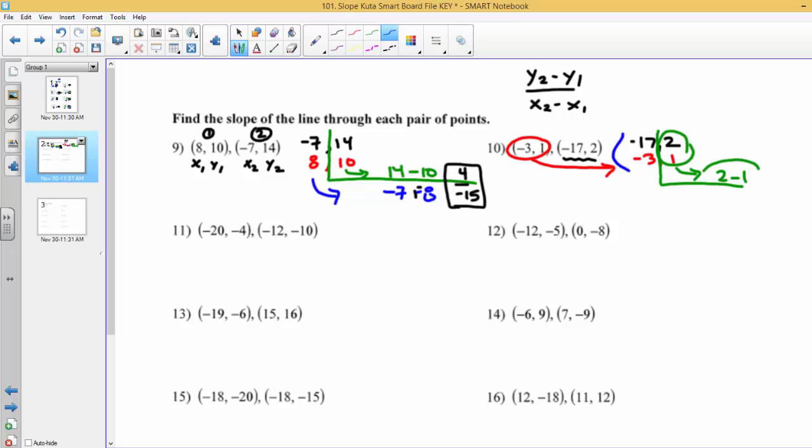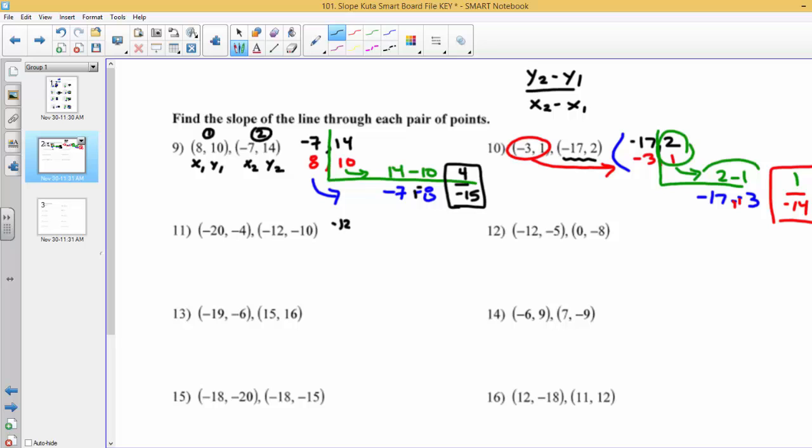On the bottom, -17 minus -3. 2 minus 1 is 1. -17 minus -3 is -14. And that's your answer, -1/14.